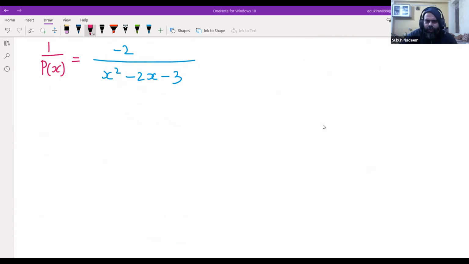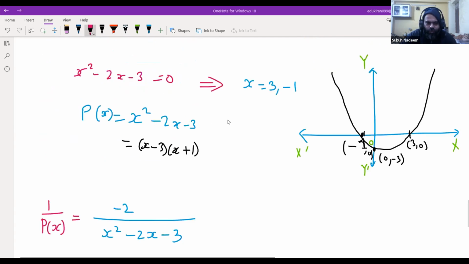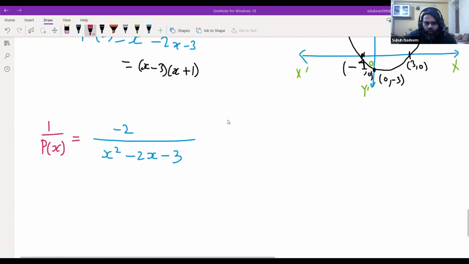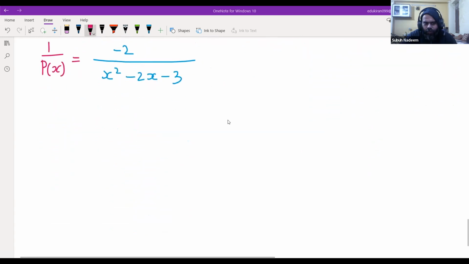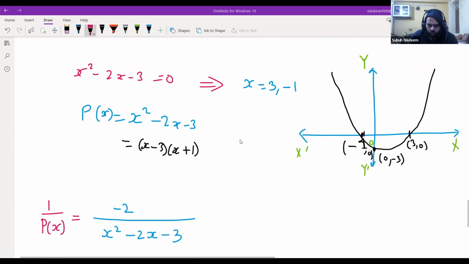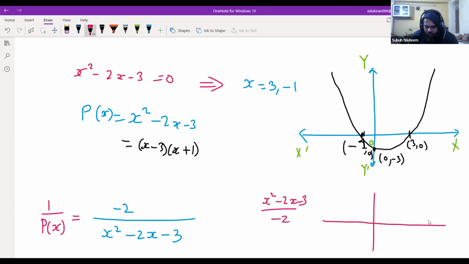That is also a good way, that you first have drawn x square minus 2x minus 3, then do for x square minus 2x minus 3 by minus 2. Now if you want to draw for that, it'll be the opposite, right? That minus sign you can even write in the numerator.